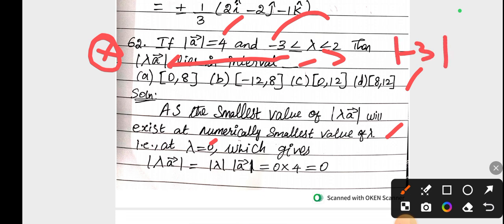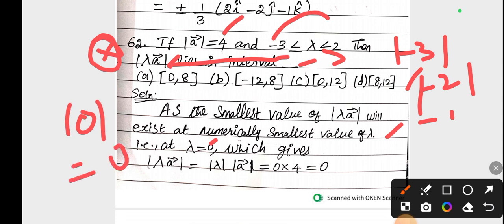So that is not smaller. Anyway, modulus is there. So minus 3 is not smaller, minus 2 is not smaller, minus 1 is not smaller. Since modulus is there, they become 3, 2 and 1. So which is the smallest value then? 0. Because 0, if you take the mod also, remains 0. So you have to multiply 0 with the magnitude of a vector. That's it. 0 4s are 0.